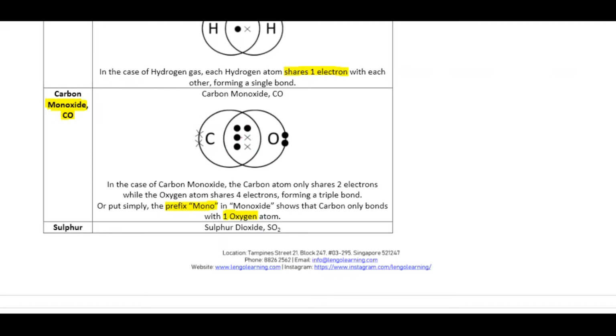So oxygen will contribute 4 electrons, and carbon will contribute 2 electrons, and overall both atoms will now have a total of 8 electrons each, by sharing different numbers of electrons with each other. So carbon only shares 2, oxygen shares 4.